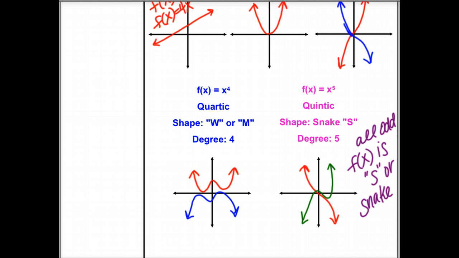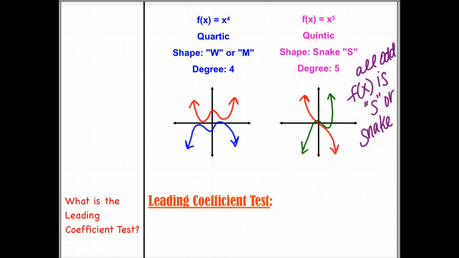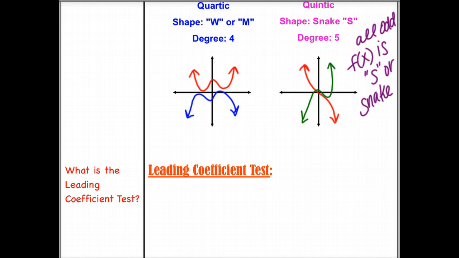Now, when we start looking at behavior, in chapter 5 we looked a lot at how we tell if a quadratic function opened up or opened down. And so we're going to talk about this leading coefficient test. And what that is, is a test that tells the right and left-hand behavior for a graph.